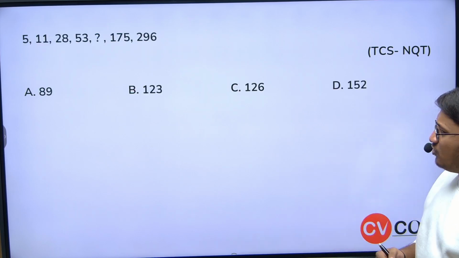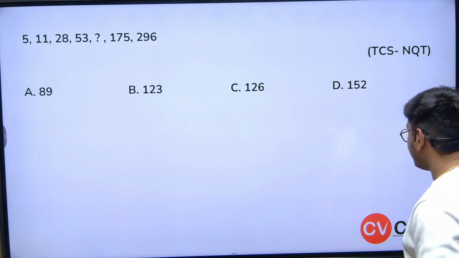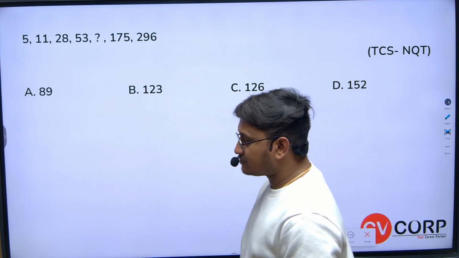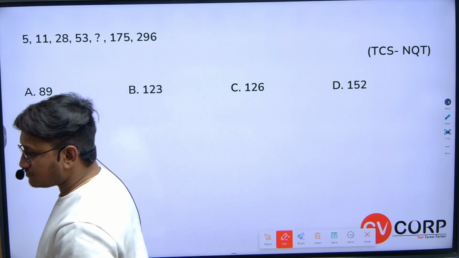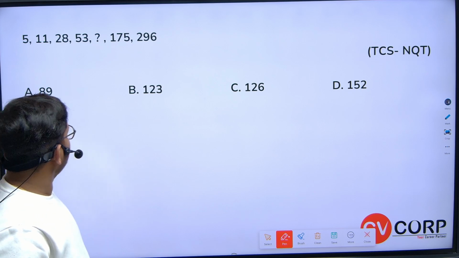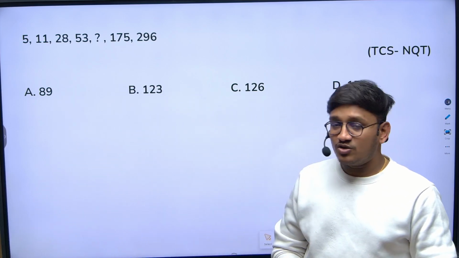Now I will give you 1 minute time. Could you please find the answer and the logic for this particular question? 5, 11, 28, 53, and the numbers are increasing very fast.